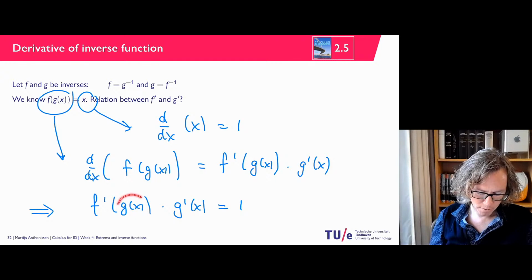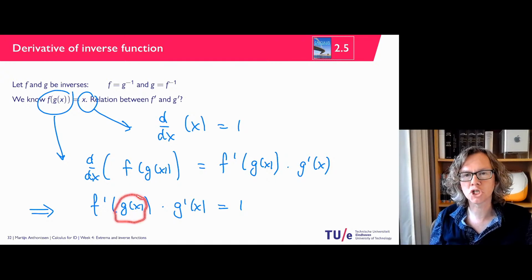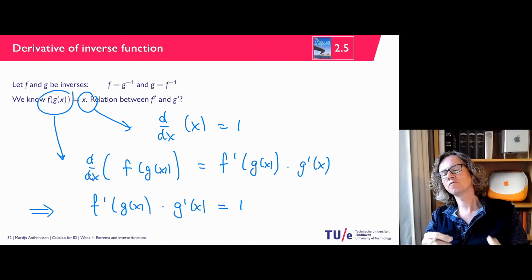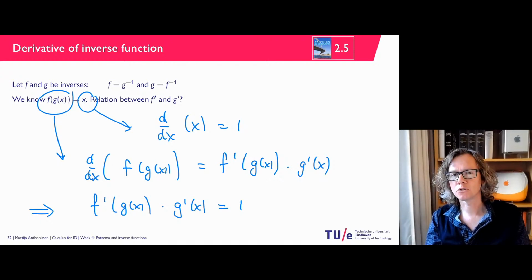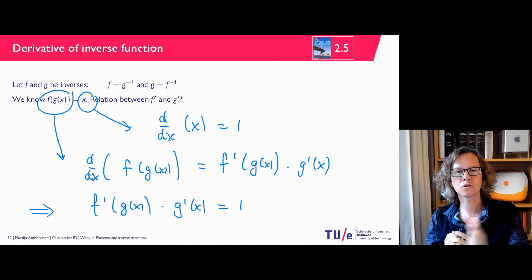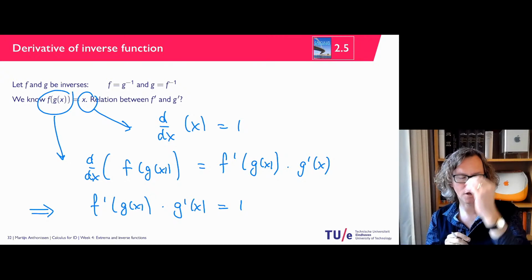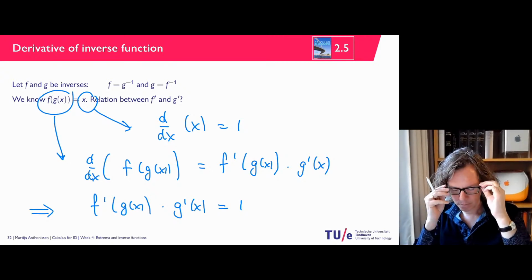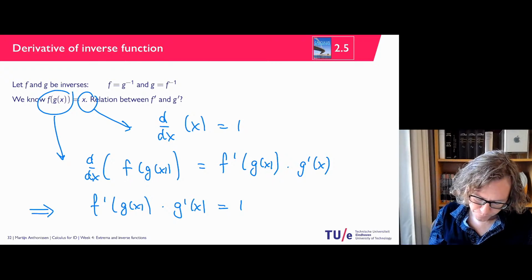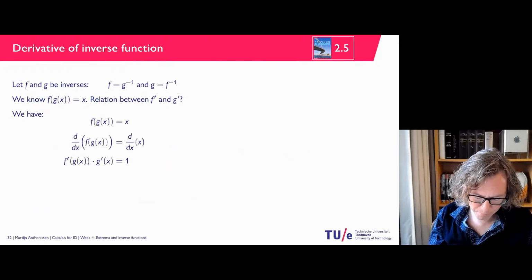But this one has as an argument g(x), and this one we consider at x. So we do have two derivatives, but at different points, along different positions on the horizontal axis, if you would plot them. Okay, so let's see how this works. I'm going to do an example in a second.